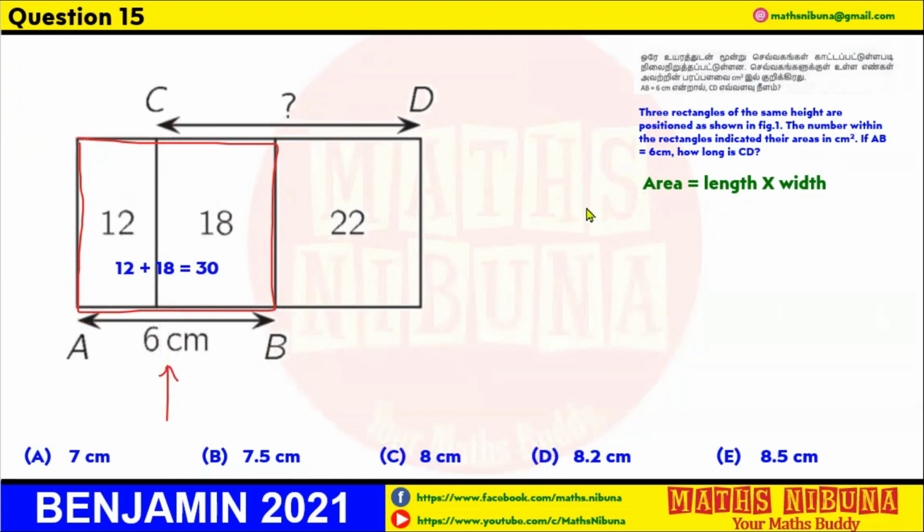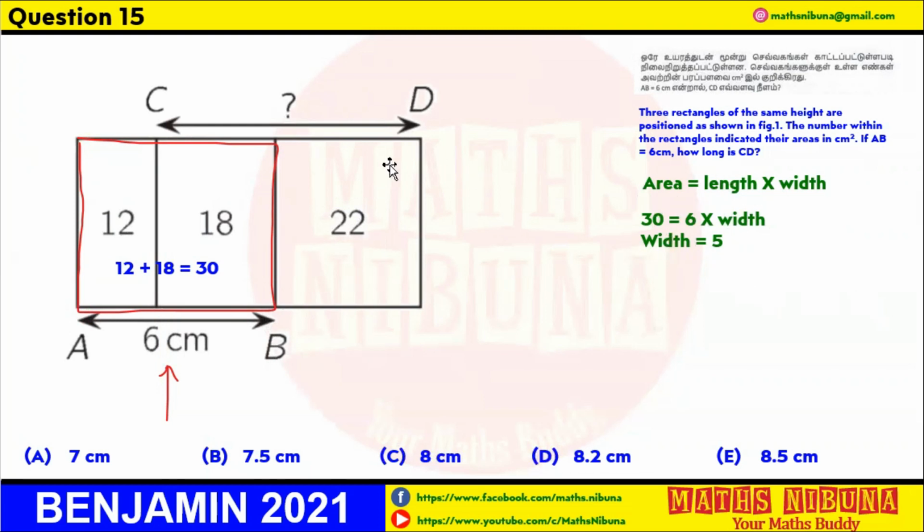If this area is 30, our formula is area equals length, let's say we consider this the length, which is 6, times the width. If 30 equals 6 times what, you can estimate the width must be 5 because 6 times 5 equals 30.